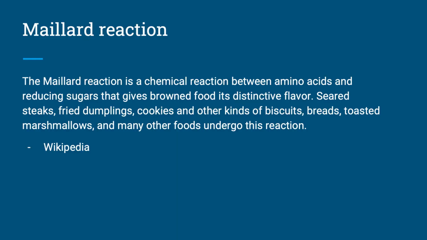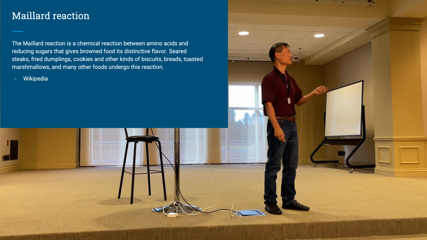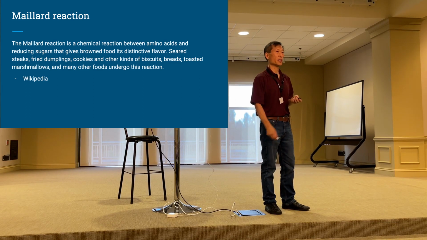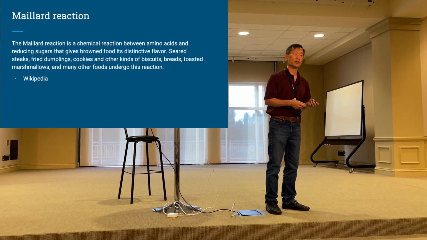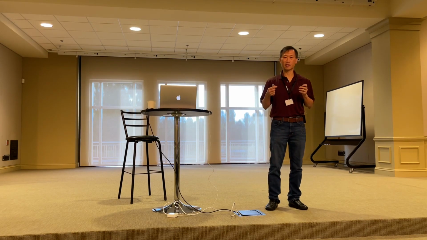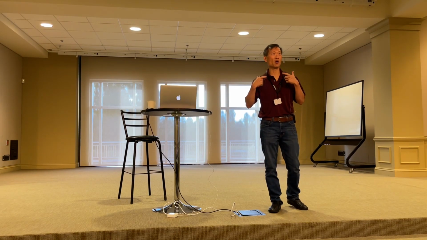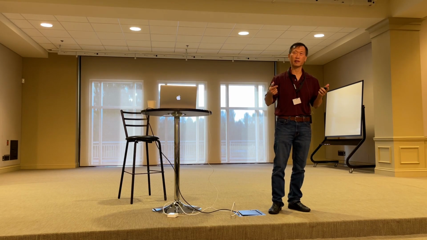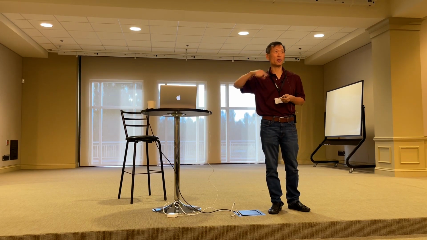It's a chemical reaction between the amino acids and sugars. We see this in the browning of foods, steaks, fried dumplings, and cookies. This is all the Maillard reaction. What Ray Rogers is proposing is that some sort of ammonia gas came off the body as it died, and then it reacted with some sugars on the cloth itself.